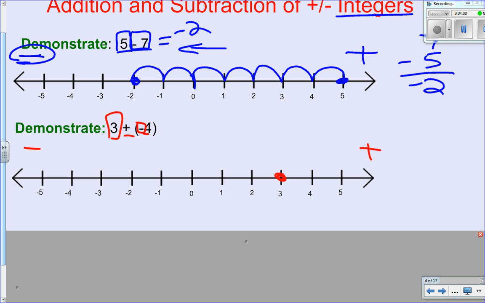Plus a negative, the negative always wins out. So in this case, we'd move in the negative direction, 4 spaces. And my answer to 3 plus a negative 4 is negative 1. Again, if you know this is a minus problem, you can go 4 minus 3. You know that the negative 4 is bigger than the positive 3, so we will end in the negative territory.